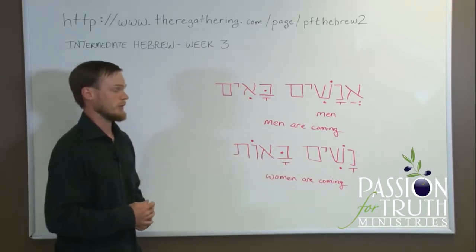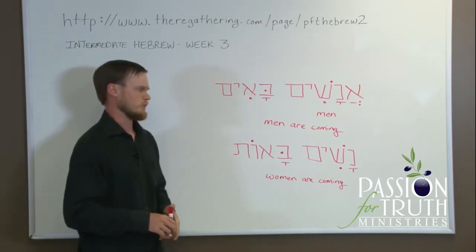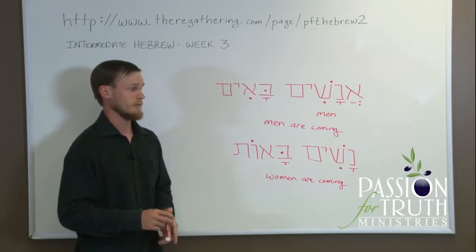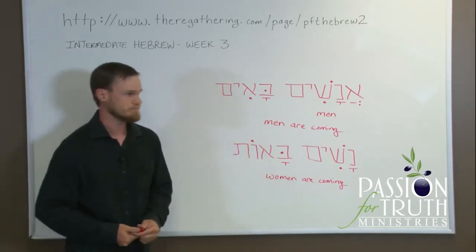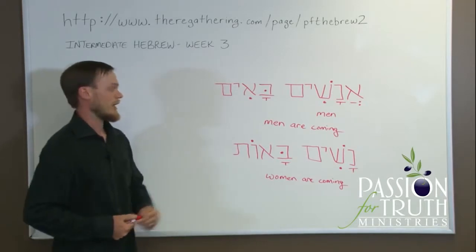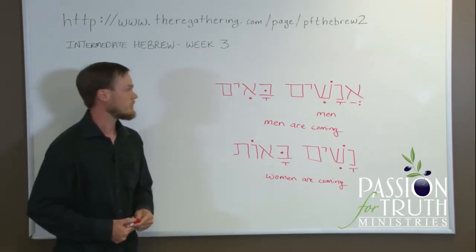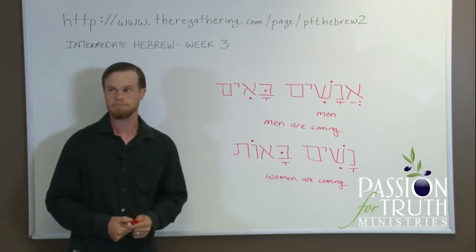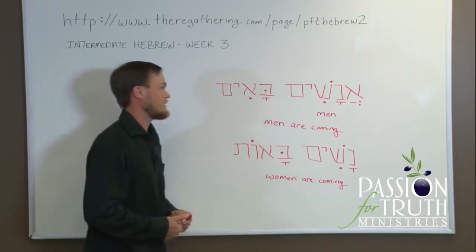Okay, so when we look into the scriptures to try to piece together, okay, is this word singular, is it plural, is it masculine, is it feminine? The verbs are our indicators. Because the verbs don't have those kinds of irregularities. When a verb's plural, it's plural. And when it's singular, it's singular.